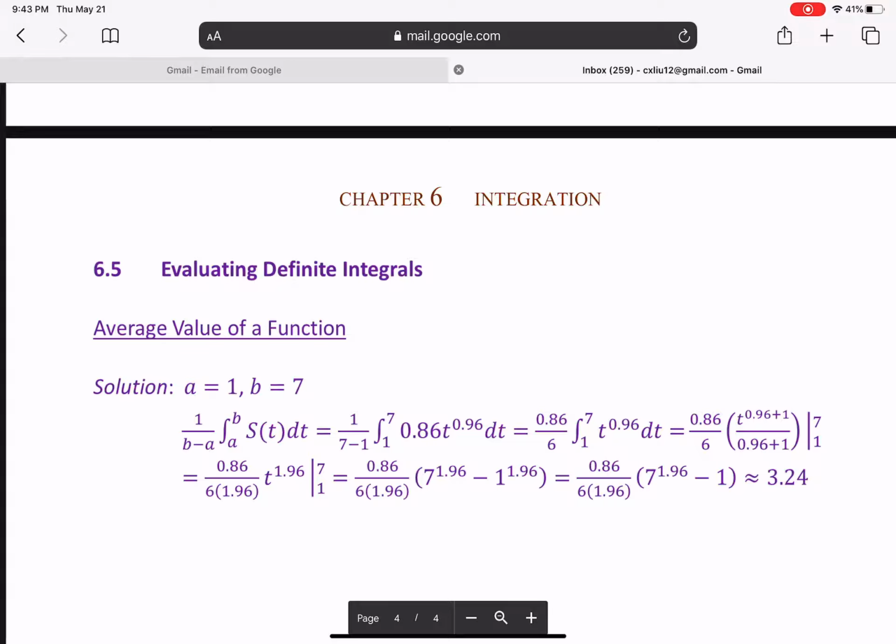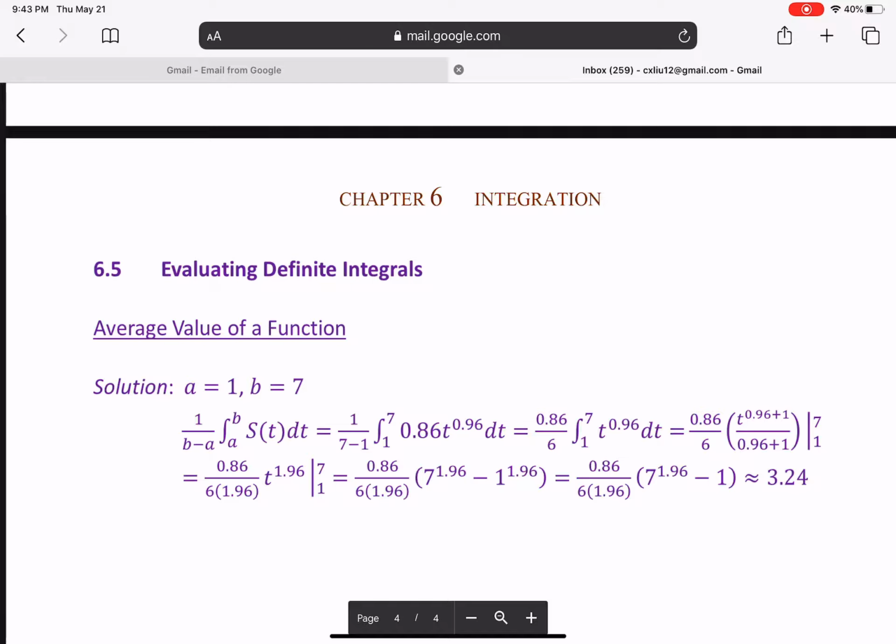So we got 1 over 7 minus 1 times the integral of 0.86 t to the 0.96, integral from 1 to 7. So we can simplify this a little bit by taking out the 0.86 and then integrate t to the 0.96 from 1 to 7.